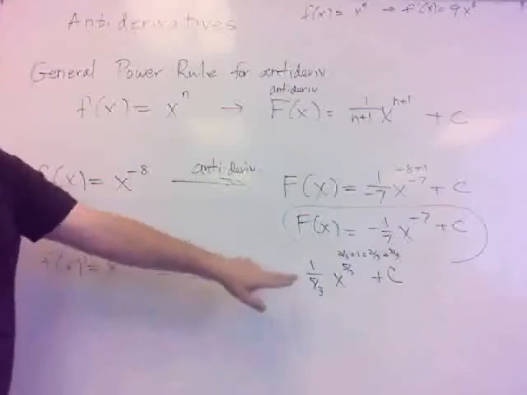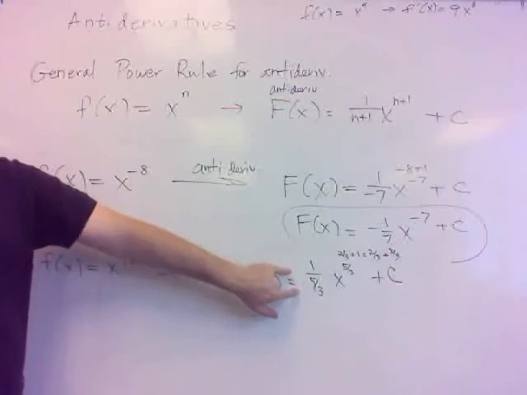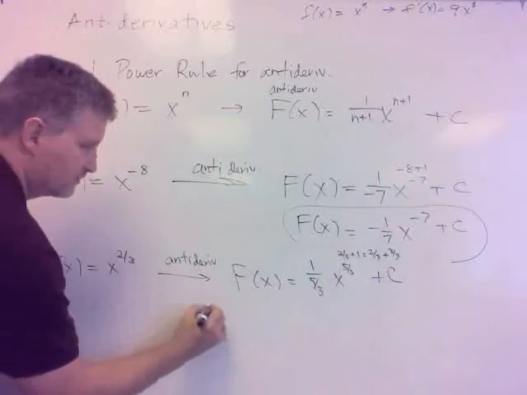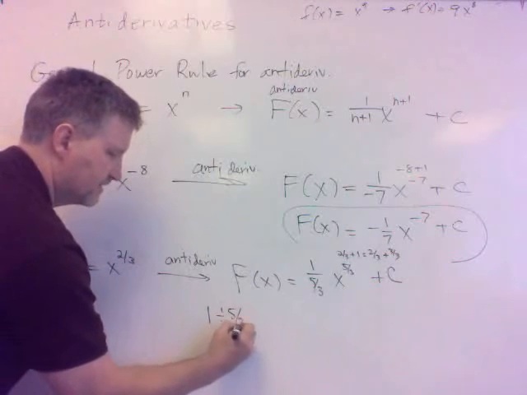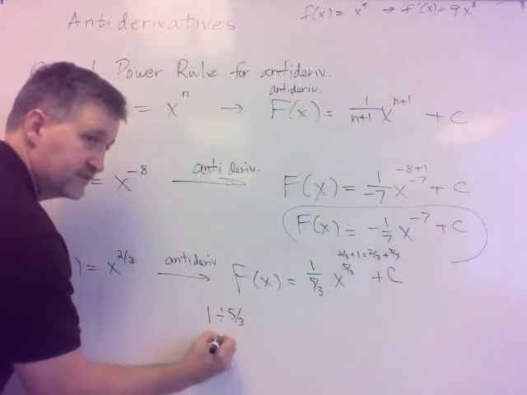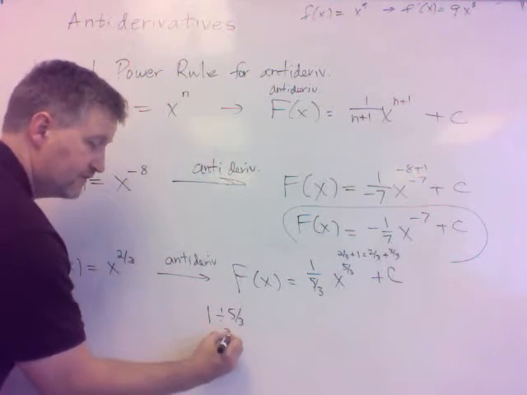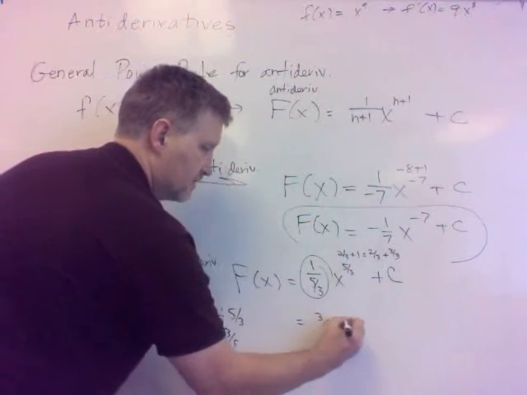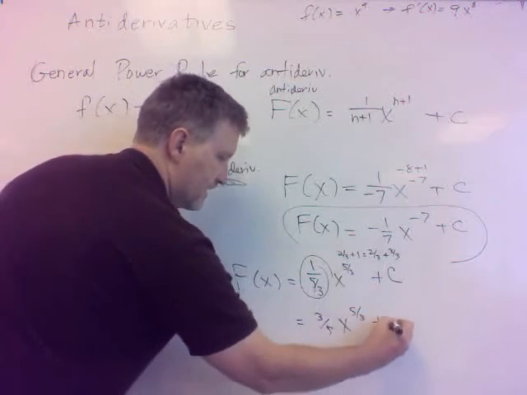1 divided by 5/3. Now, here's the thing. 1 divided by 5/3 simplifies. 1 divided by 5/3, or, in other words, 1 times 3/5. This is 3/5. So 3/5 x to the 5/3.